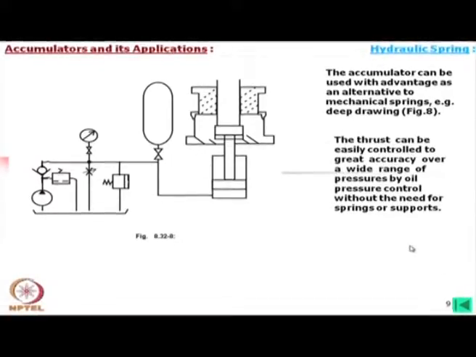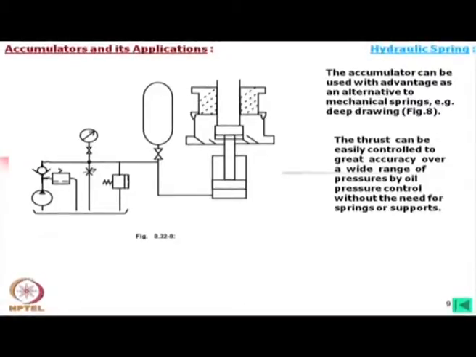The thrust can be easily controlled to great accuracy over a wide range of pressures by oil pressure control without the need for springs or supports. This means, in the case of a mechanical spring, you cannot change the spring constant. Okay.